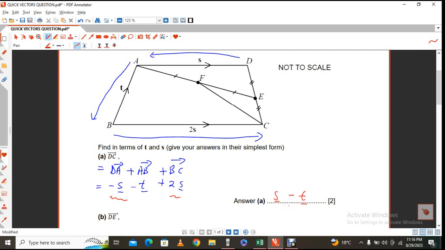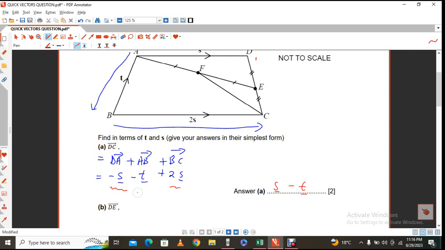Okay, right, so the next one they want us to find is DE. Now, here's the thing about DE. We have DC from our previous answer, and we know that DE is half of it because these two sides are equal. So what we will simply say is that DE is half of DC.